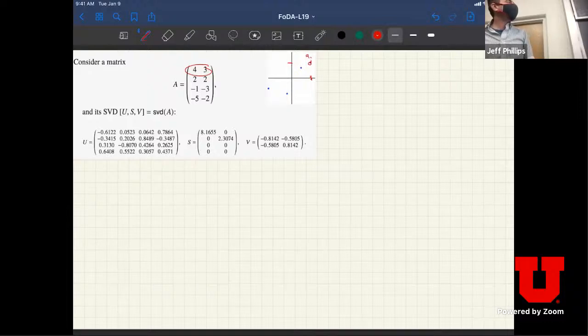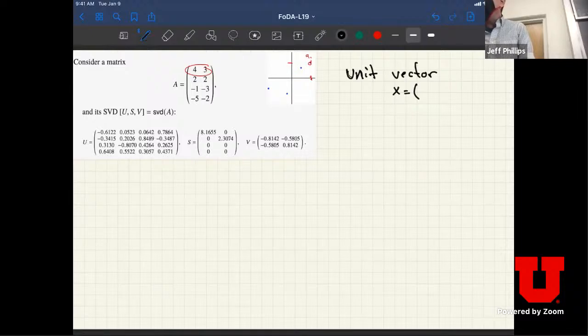Okay, and what I'd like to do is consider a unit vector. We'll call this X, and it'll be a unit vector in R2.